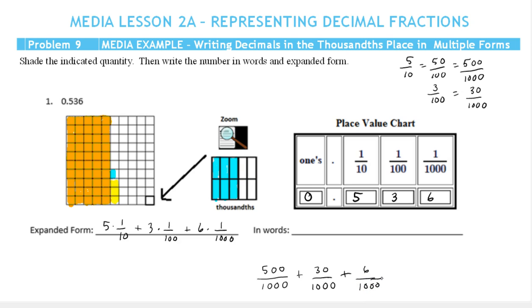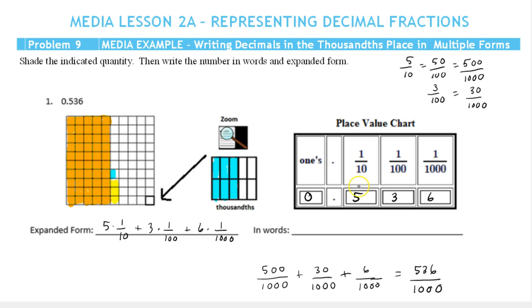If you combine these all together, if we shaded them all blue, it'd be 500 blues, 30 blues, 6 blues, which would be a total of 536 blues, or 536 thousandths.